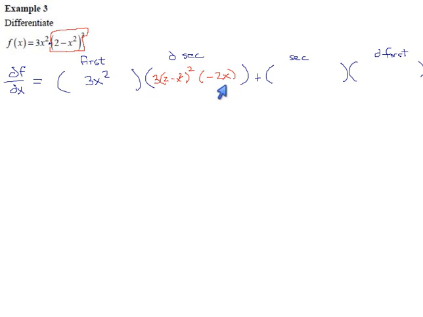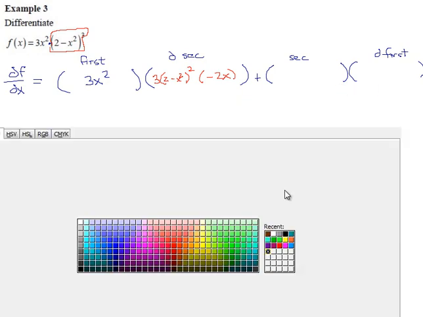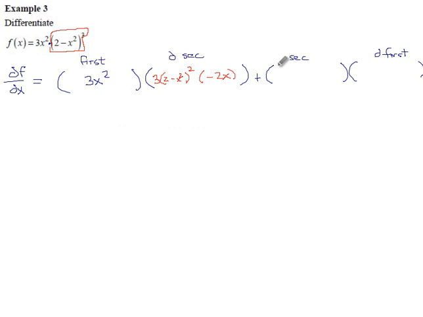Now, before that started, we were in the middle of doing the product rule, so now we revert to doing that. We have first d second plus second part here is 2 minus x squared to the third power, and the derivative of the first, meaning the derivative of 3x squared, is simply 6x. Good?